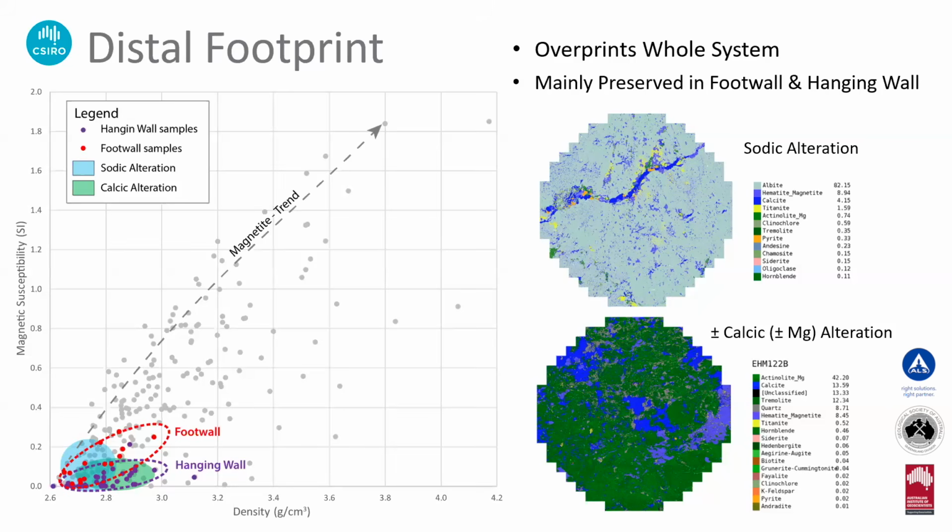There's quite a bit of magnetite in here, but this is pretty consistent with the distal footprint of this system, or it's actually the early part of this system that's still remaining. But nevertheless, densities are quite low, not terribly magnetic compared to some of the other alteration we're seeing.